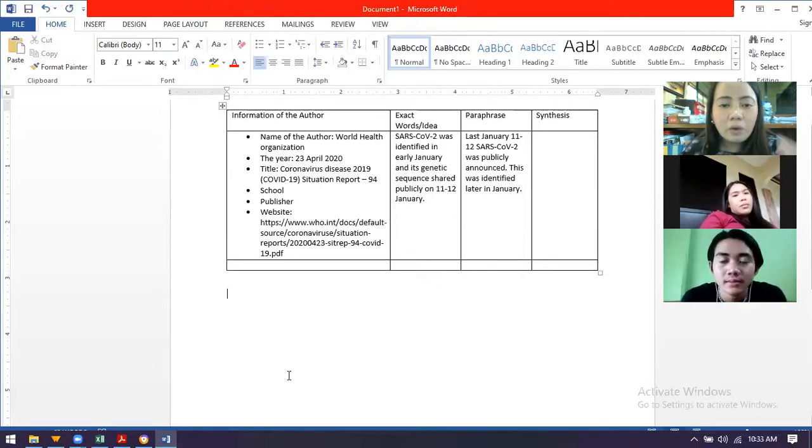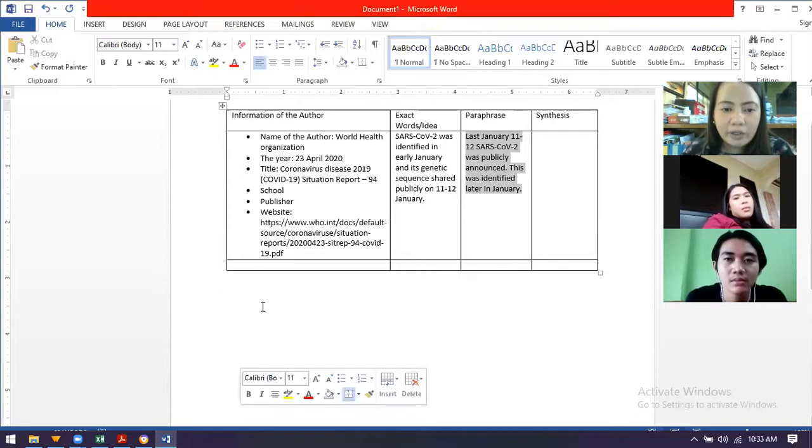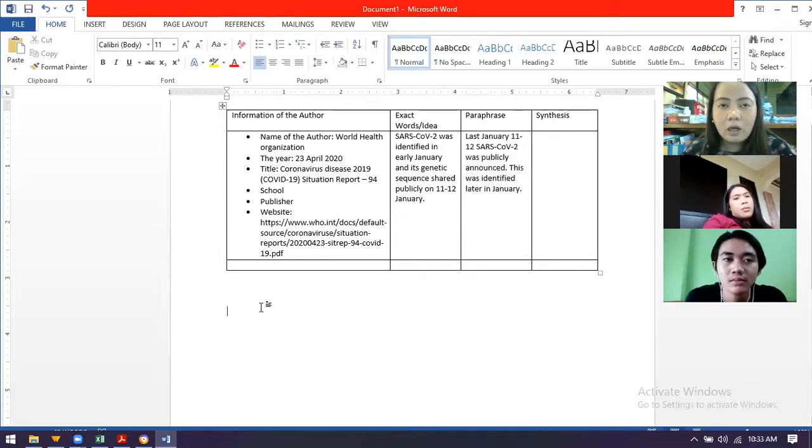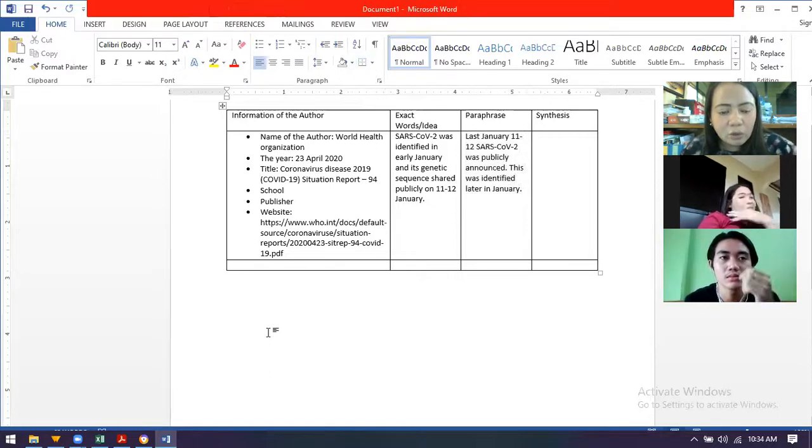Now, how are we going to make this paraphrased words ninyo into in-text citations? Kapag sinabi natin in-text citations kasi, ito na yung mag-a-appear sa Word ninyo or sa chapters ninyo. Halimbawa, i-copy-paste natin to. In-text citations can be presented in two types.